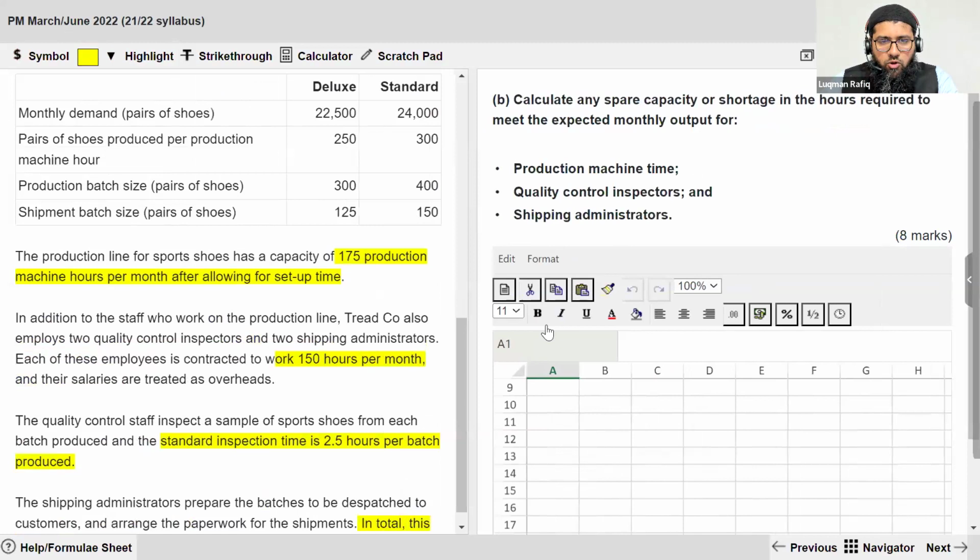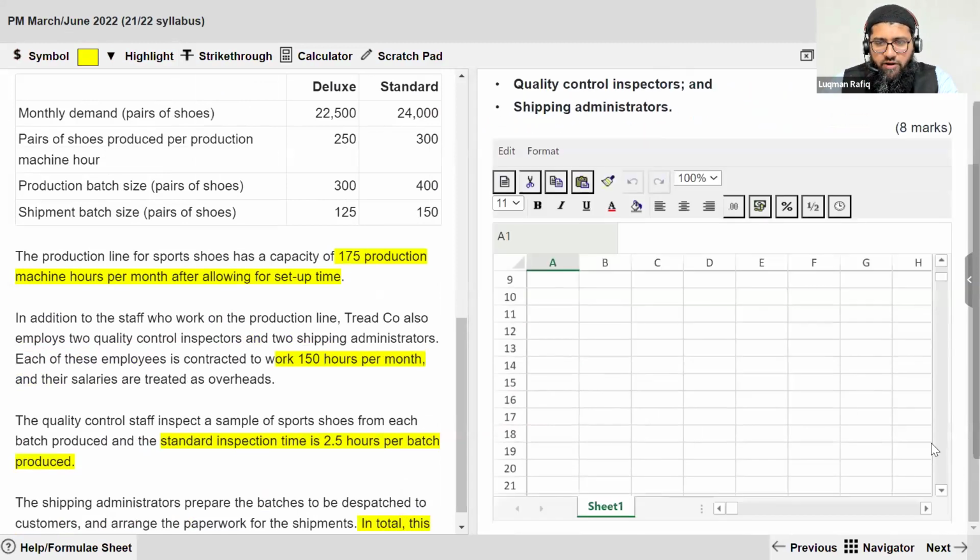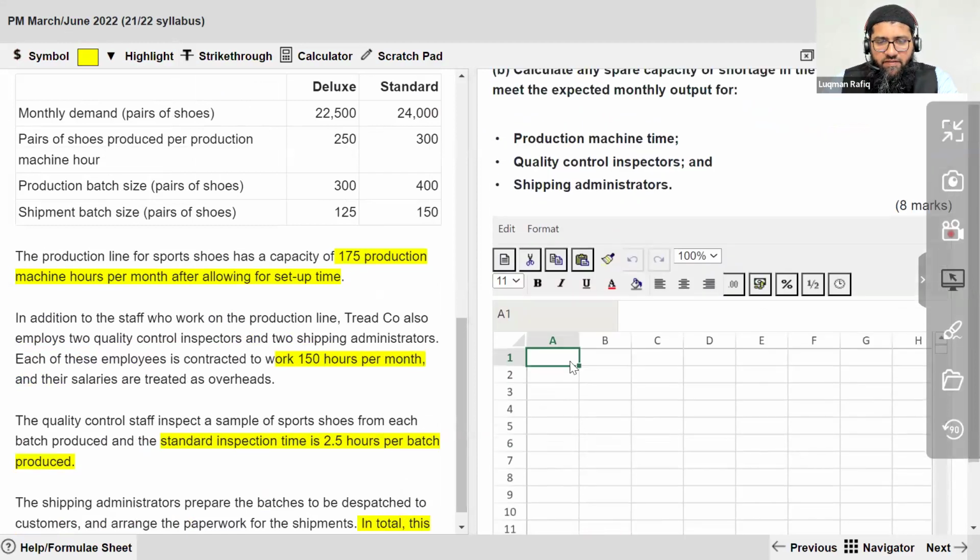Now, how would you go about doing things? Let's try to understand this. Basically, first thing is production machine time. Total time needed, deluxe, standard. How would we calculate?